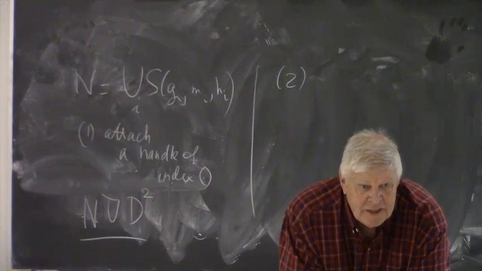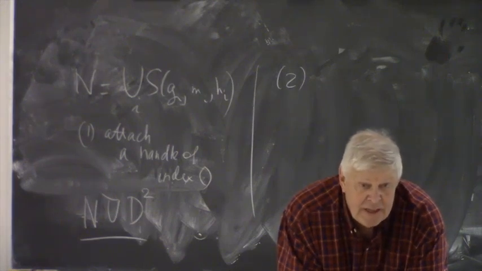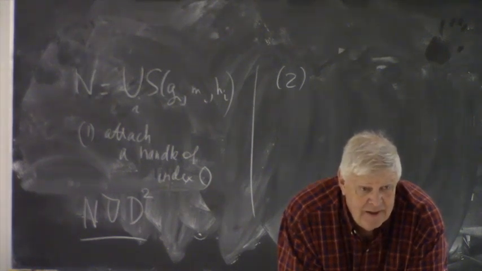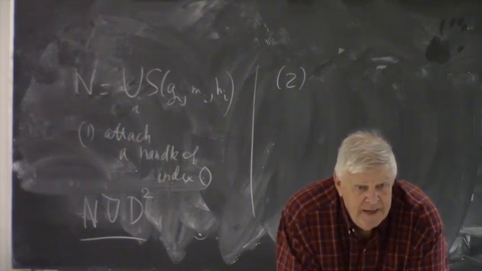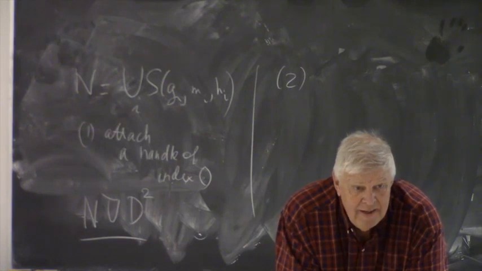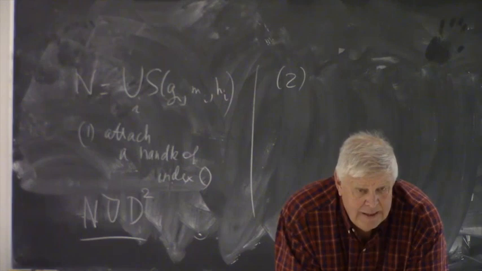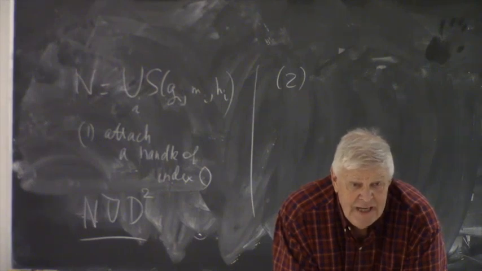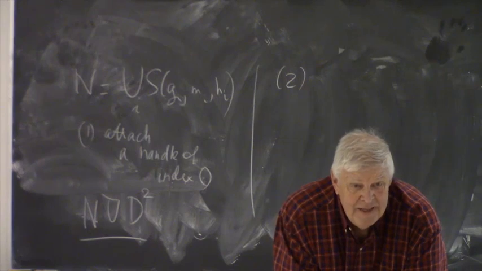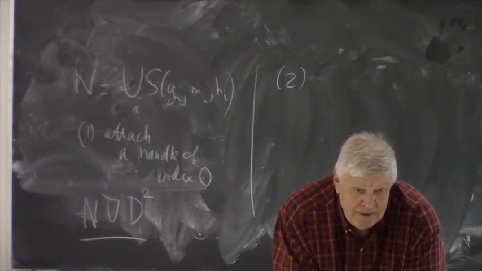Attaching a handle of index 2, and actually attaching a handle of index n to an n-dimensional manifold, always means the same: we have an embedding of S^1, I can say S^1 × D^0 if you prefer, into the boundary of our manifold M, and attach a disk, if you prefer D^2 × D^0, to this circle.